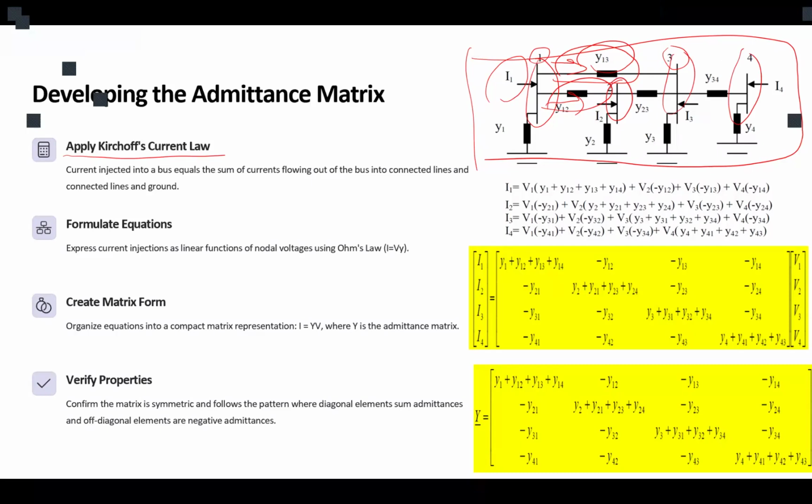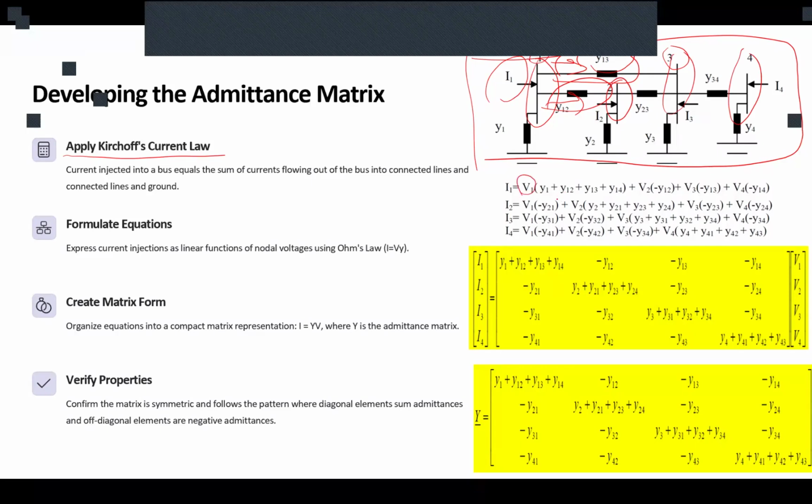So if you do that, you would see that in order to calculate I1, V1 is multiplied by these admittances, V2 is multiplied by this one, V3 this one, and V4 this one. And you have 4 equations for all the 4 currents.